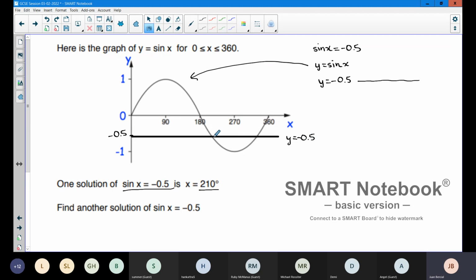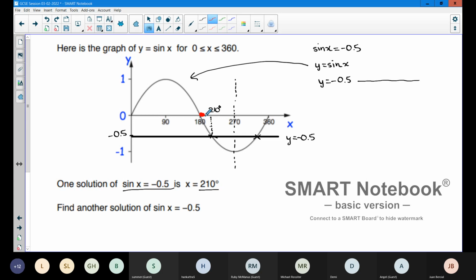So of course, as you can see, there are two intersections. We've got that one and we've got that one. So the first solution it says is 210, and as you can see, that is what it corresponds to there. But remember that there is a symmetry in the graph of the sine. There is this symmetry. I'm going to put it in a different color.